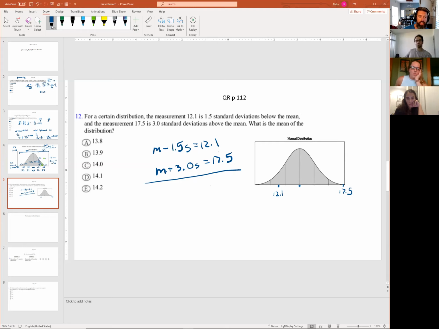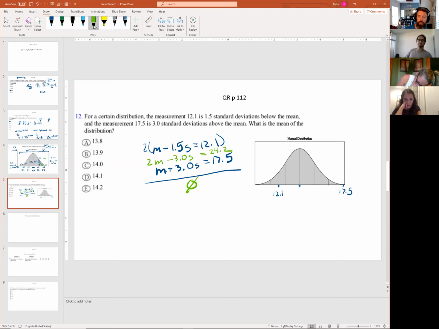So at this point I would say, you know what, if I just double all this? If I double this, then I now have 2m minus 3.0 standard deviations equals 24.2. And then if I add these, now I can do something, because negative 3 standard deviations plus 3 is going to give us 0.